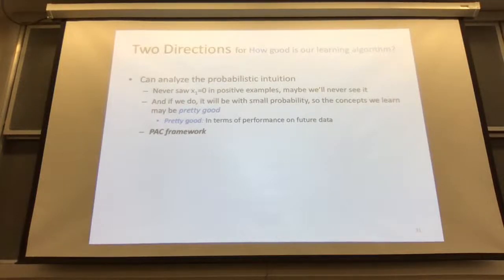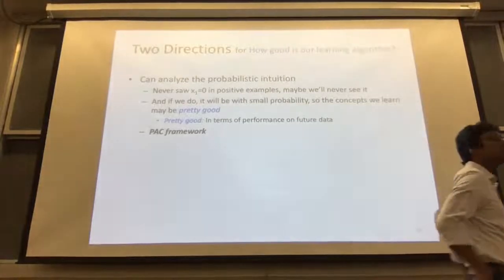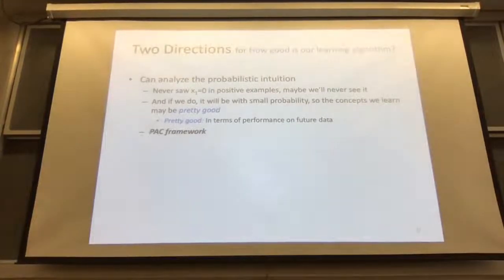Maybe X1 is always going to be on just by accident. Maybe the distribution that generates the examples is such that it is skewed towards X1 being on whenever the label is on. Whenever X2 is true, X1 is true, and so maybe that's how life is.